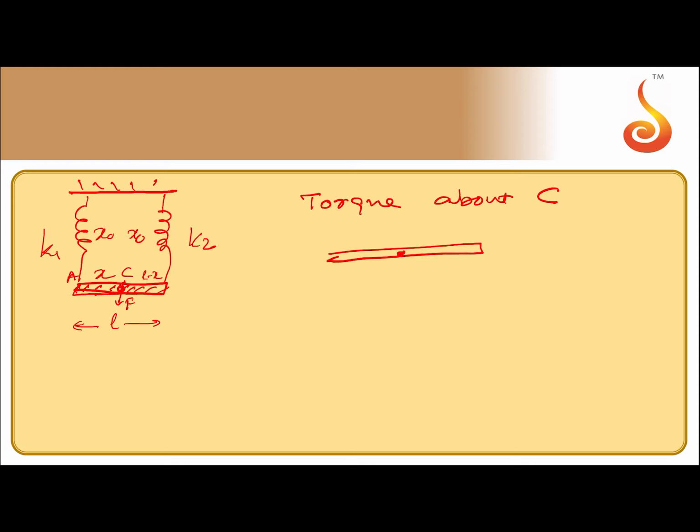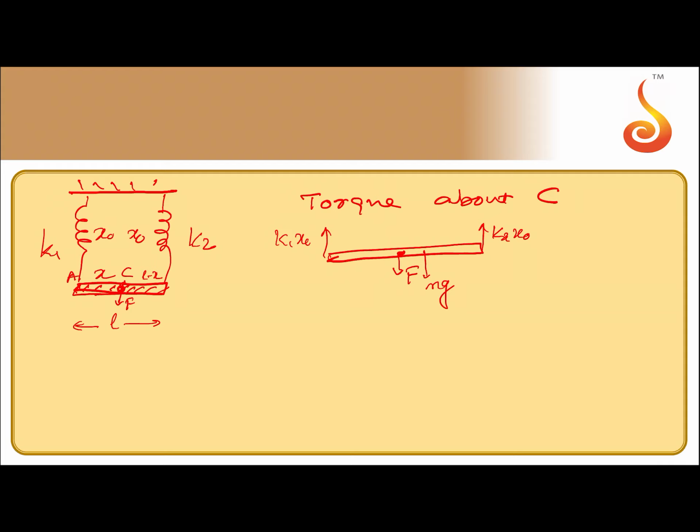So what are all the forces? Force F is here and K1 x naught is here, K2 x naught is here, and we have mg acting at the center, right?